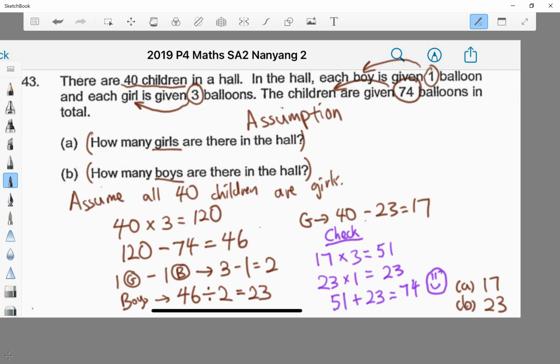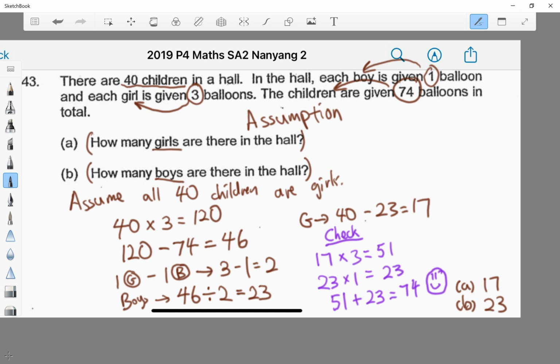So when do we actually use assumption? We use assumption when they actually give us a total number of people. They tell us the terms and conditions that the question is asking for. For example, that the boy gets 1 balloon, the girl gets 3 balloons, and they must give us a total number of balloons. We can use assumption in place of guess and check that I have taught you in the previous video.